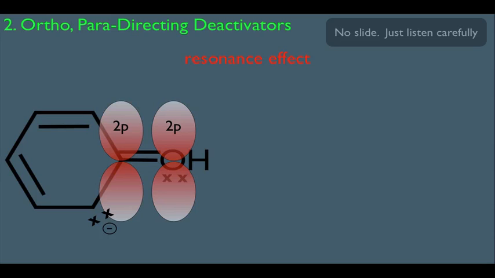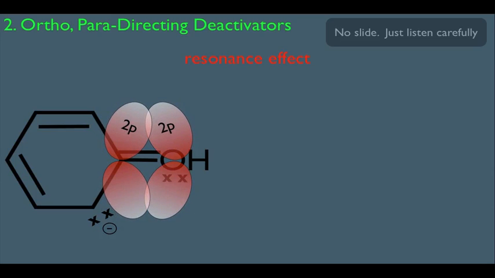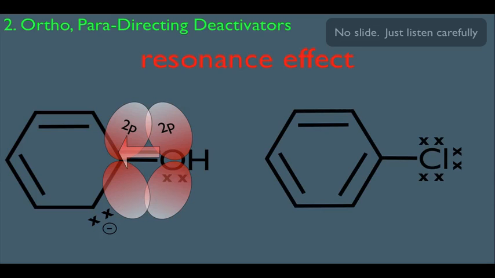So when this pi bond forms, the 2p orbitals on each atom would sideways overlap and make this bond right here. Since these two orbitals are the same size, we get maximum overlap, which means that contributes to a very powerful donating resonance effect. Let's do the same type of analysis, but with the halogen now.